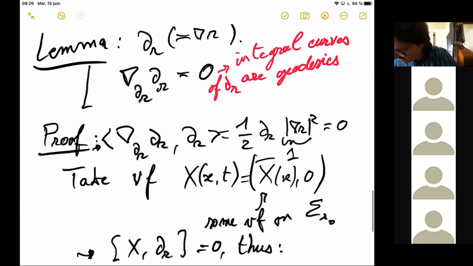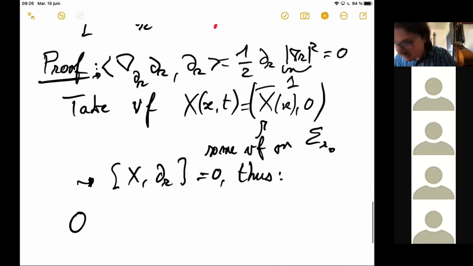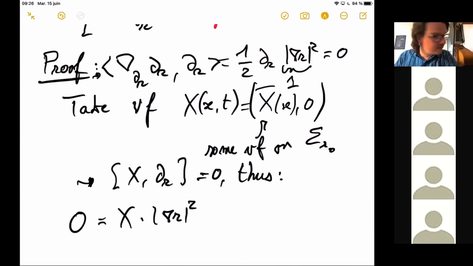So X del R will be equal to 0, which will be very convenient because this will allow us to compute the following. So 0 is equal to the derivative, just the same thing, like the norm of gradient R is a constant function.